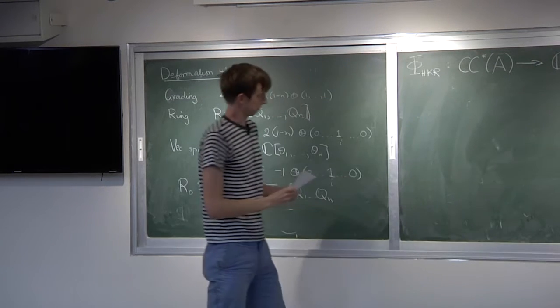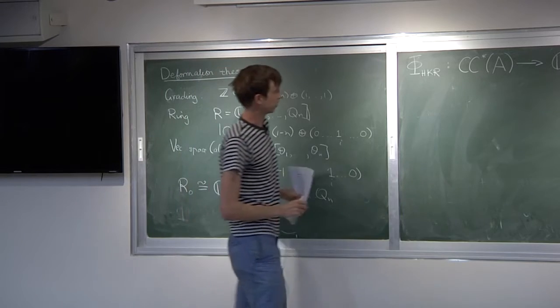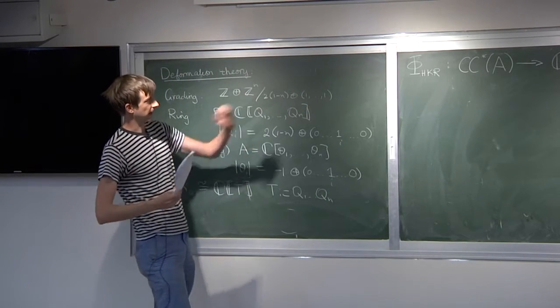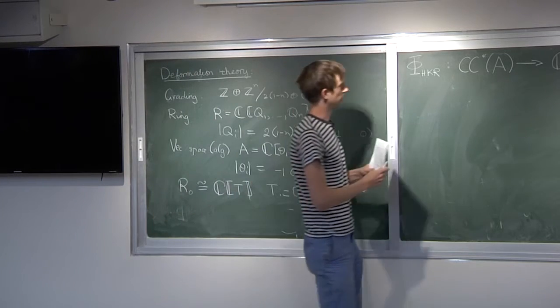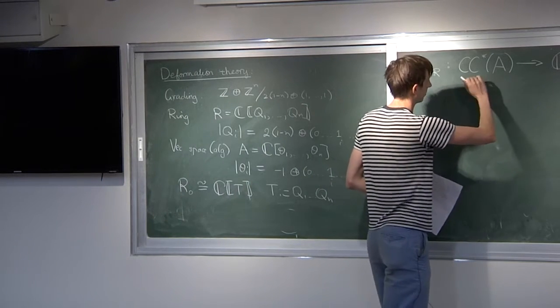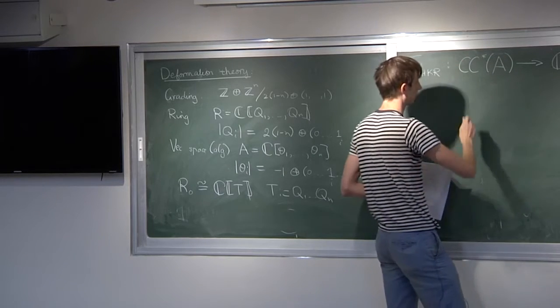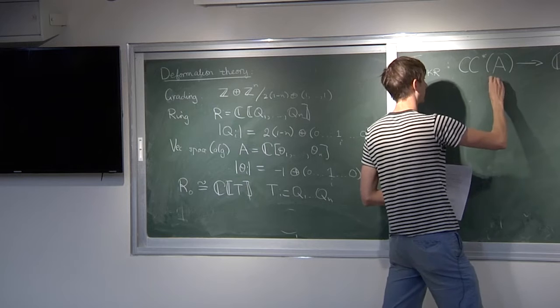So another thing from Nati's talk was that with this exterior algebra, we have this Hochschild-Kostant-Rosenberg map from the Hochschild cochain complex to polyvector fields on n-dimensional space.